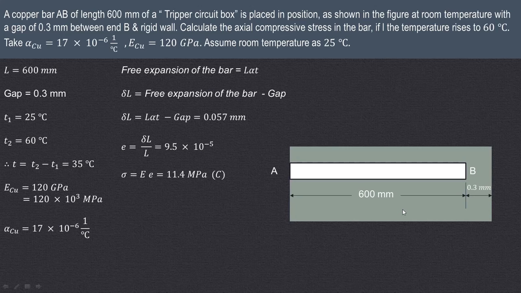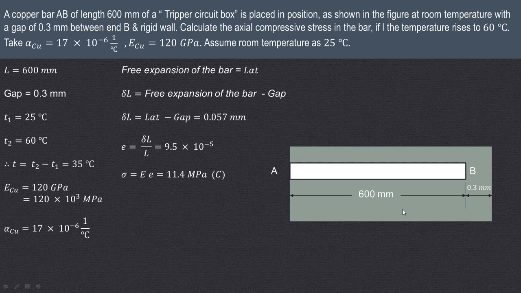Calculate the axial compressive stress in the bar if the temperature rises to 60 degree centigrade. Take alpha for copper as 17 into 10 raised to minus 6 per degree centigrade and modulus of elasticity for copper as 120 GPa. Assume room temperature as 25 degree centigrade.